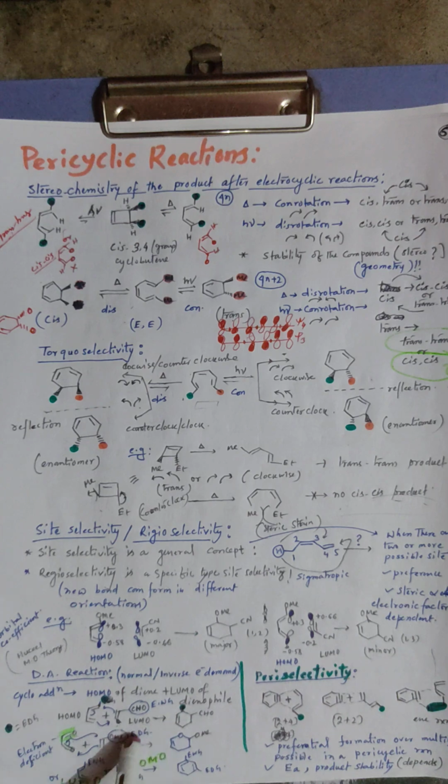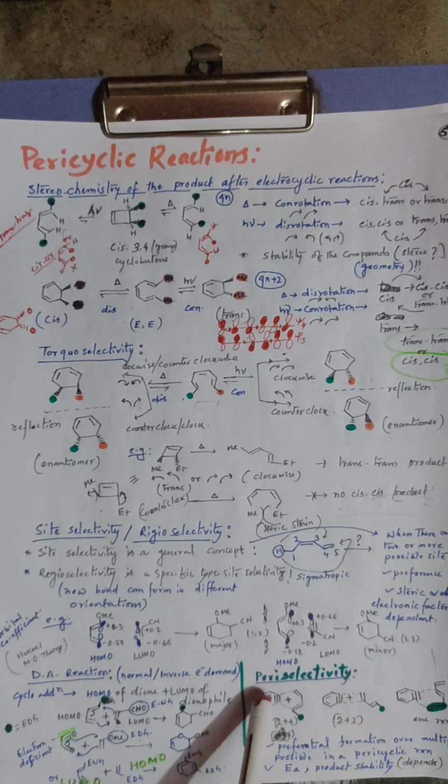But if the dienophile HOMO reacts with the LUMO of the diene system, that is called an inverse electron demand Diels-Alder reaction. This is just the general concept I have given here. We will see more examples later.